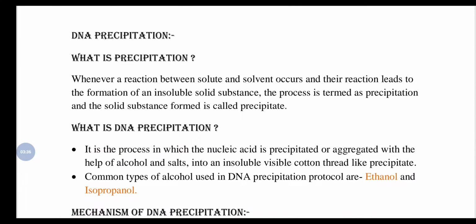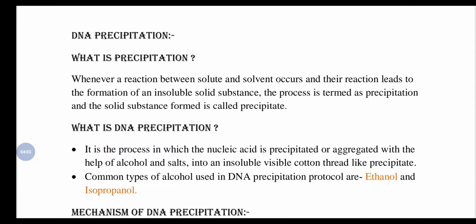That is how we are extracting the DNA, how we are precipitating the DNA. So DNA precipitation is a process in which the nucleic acid is precipitated or aggregated with the help of alcohol and salts into an insoluble visible cotton thread like precipitate.